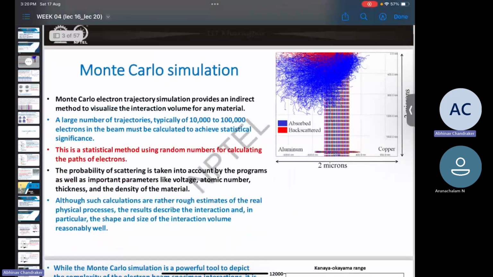So we want to know because there are lots of interactions that can happen one after the other. The electron can interact with the atoms, then keep going forward and again have some interactions. So to be able to visualize the multiple interactions that happen, we use this kind of a simulation technique.